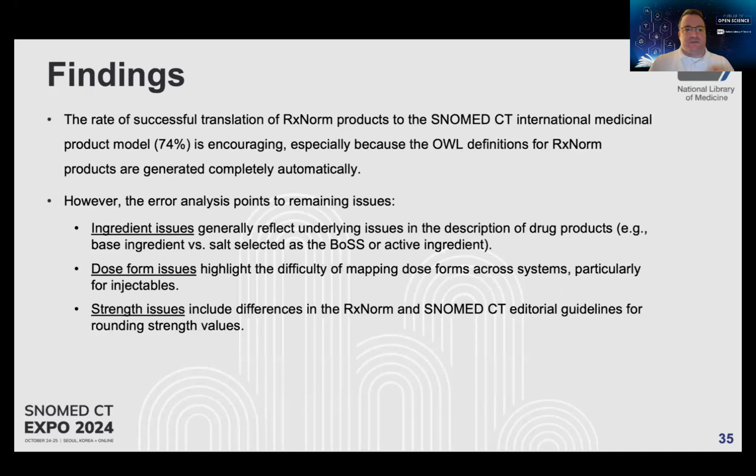We classify them as ingredient issues, and those generally reflect underlying issues in the description of drug products. For example, base ingredient versus salt selected as the BoSS or active ingredient. The dose form issues highlight the difficulty of mapping dose forms across systems, particularly for injectables, and strength issues, including differences in the RxNorm and SNOMED CT editorial guidelines.